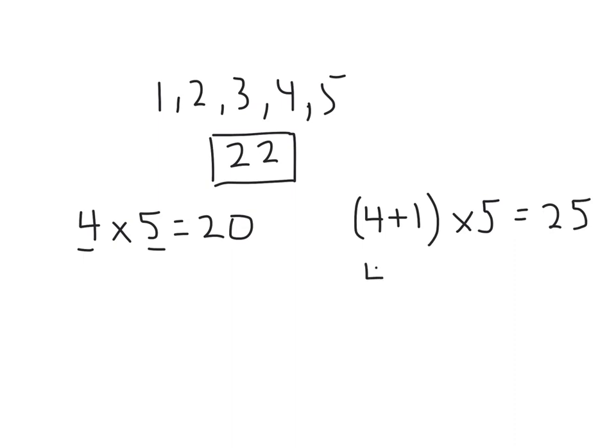Or you could add 1 to the 5 before you multiply it by the 4, and that will give you 4 times 6, which is 24. So both these numbers are larger than 22, and then you can use the numbers that you have left, which are 2 and 3, to try and make 22.